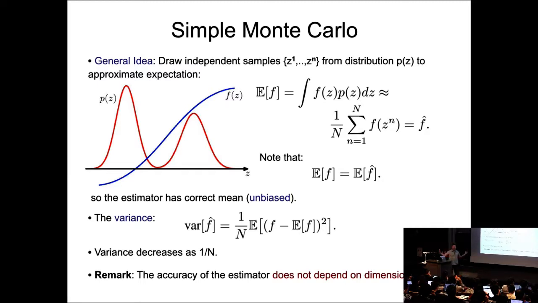You have this huge dimensional space, and somehow your variance is actually shrinking as 1 over n, which is pretty significant. In many cases, if you have like 100 samples, you can have a very accurate estimator, even though this integral could be a 1,000 dimensional or 10,000 dimensional integral.